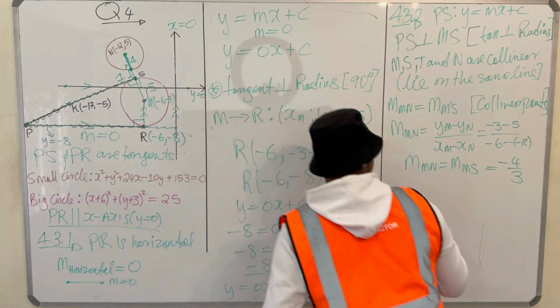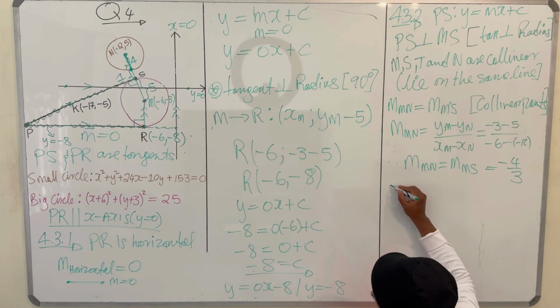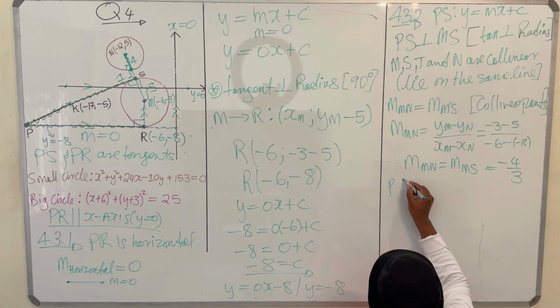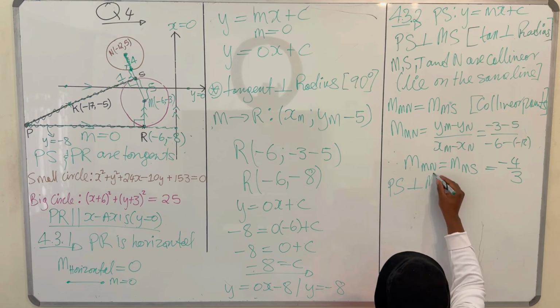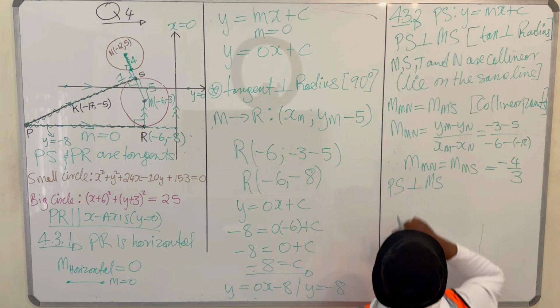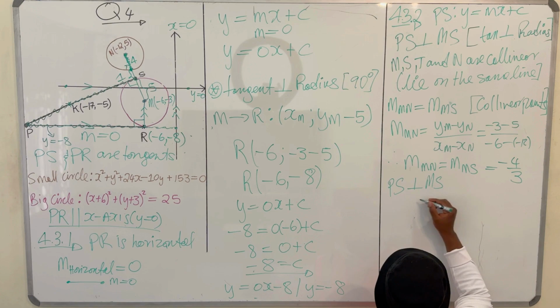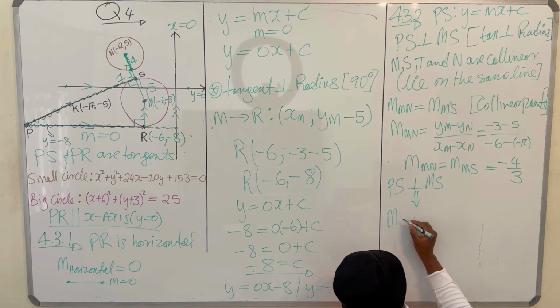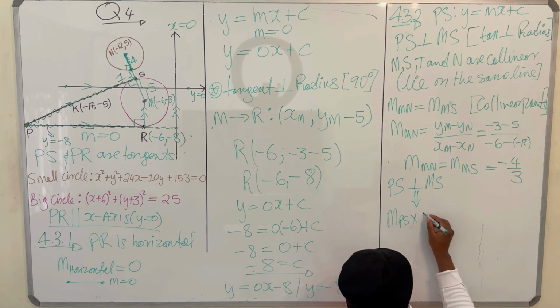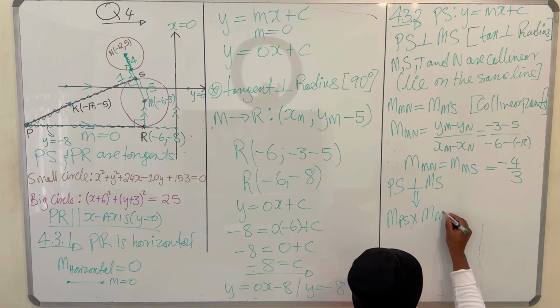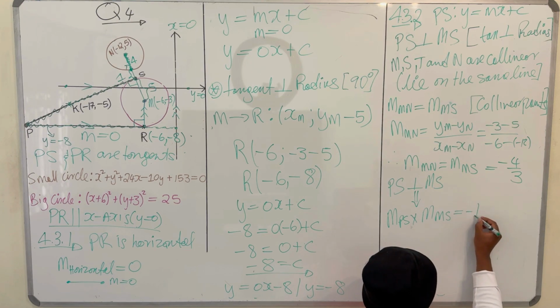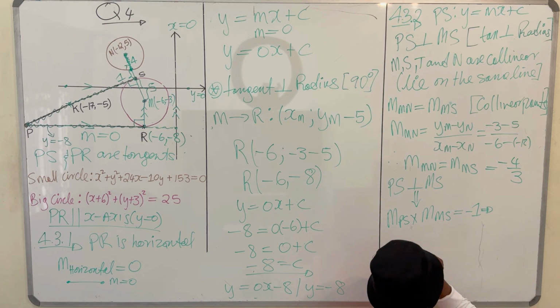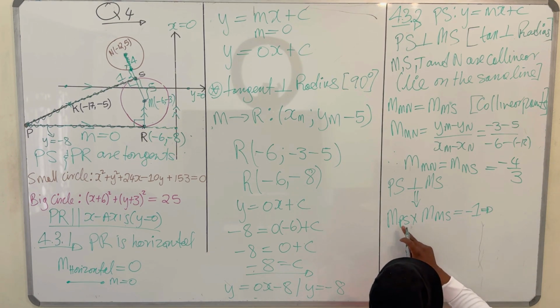But we know that PS is perpendicular to MS. We're given that, right? So what does that tell us? It tells us that if we multiply the gradient of PS by the gradient of MS, it should give us -1. The gradient of PS is what we're trying to find.